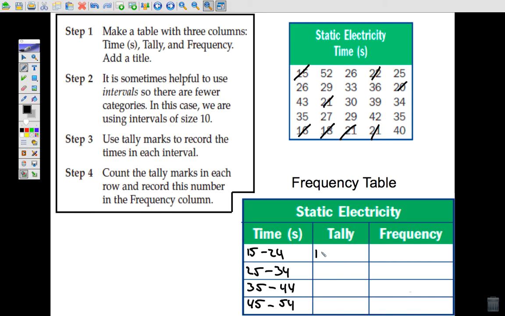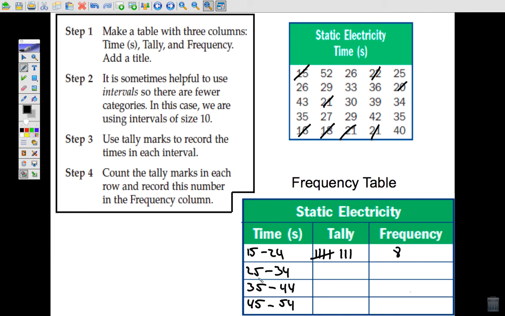As I was going, I can go 1, and then the next one, 2, 3, 4, and 5. And then it looks like I have 1, 2, 3, 4, 5 with 3 more. 1, 2, 3. Now let's see. Did I miss any? I don't think so. So I have a frequency of 8.